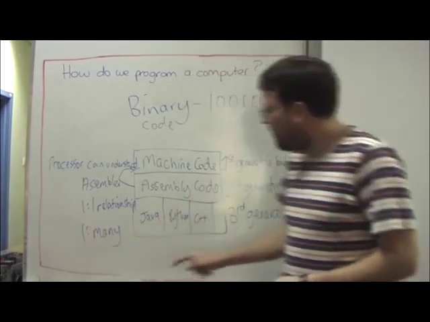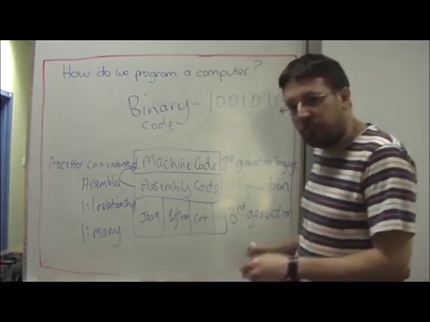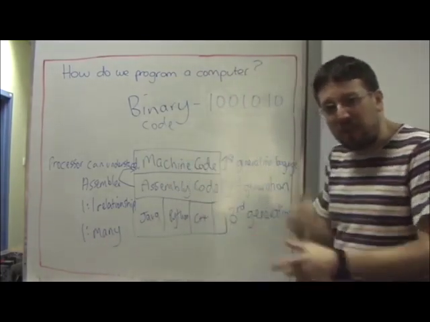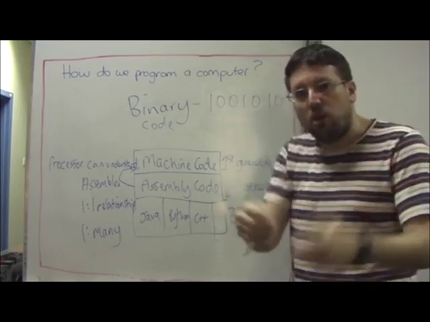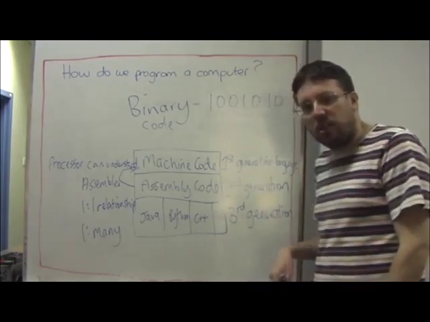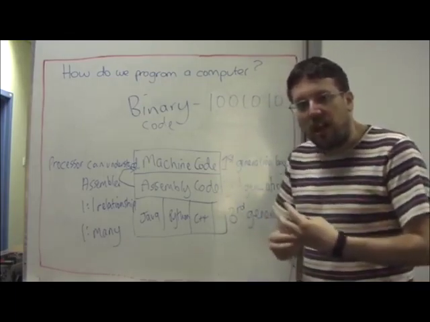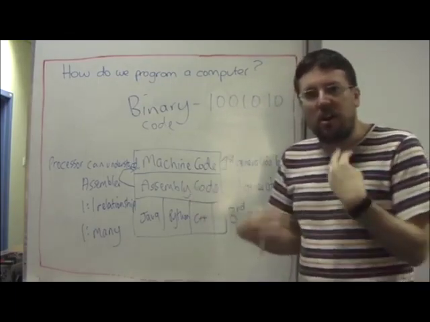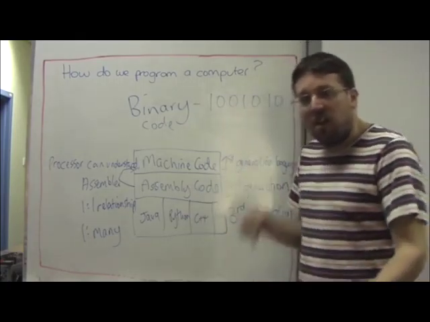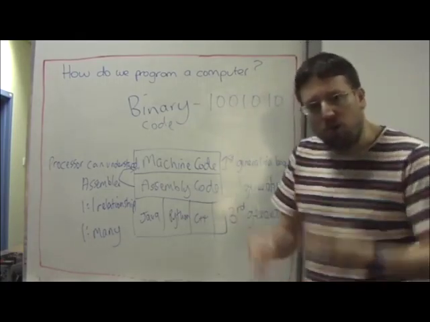One third generation instruction is worth many machine code instructions, which makes it much easier to program the computer. A third generation language is also much more like the language we use every day, which makes it much easier to code in.